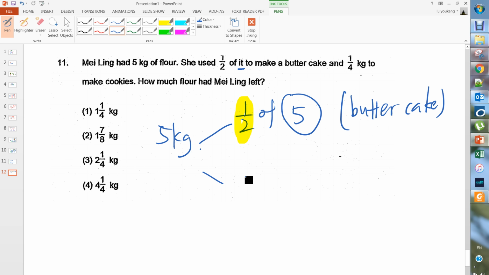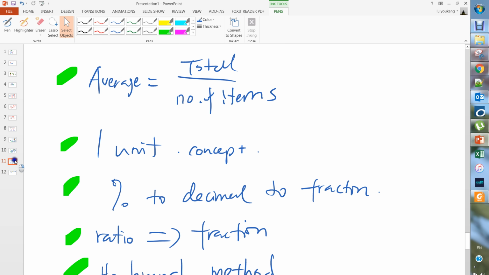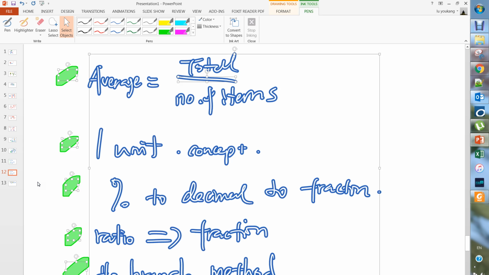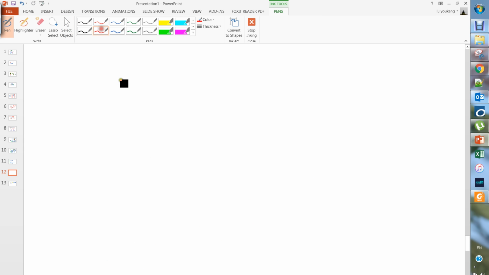Wait, I'm asking for the fraction. Half is used. What's the fraction that is left? Half is left, right? Once again, half is used, so half is left.